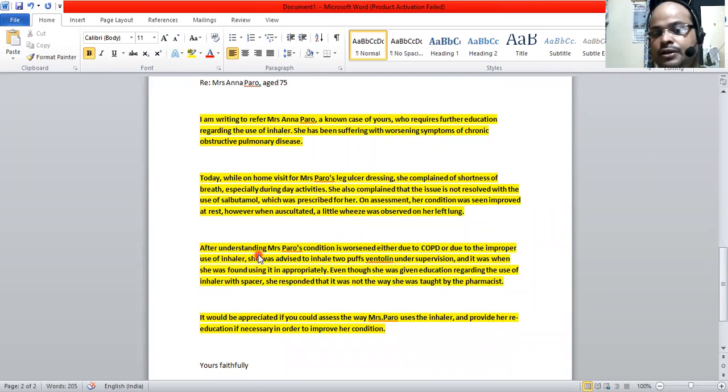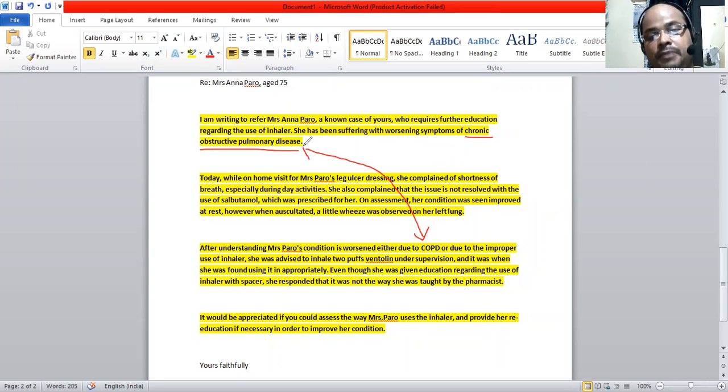So you assess the condition. After understanding Mrs. Parrow's condition has worsened, either due to COPD or due to the improper use of the inhaler. Now, we have the word COPD, the abbreviation of chronic obstructive pulmonary disease. You are writing to a medical professional, and you have already mentioned the full form earlier, so you don't need to worry, you can write the abbreviation here.